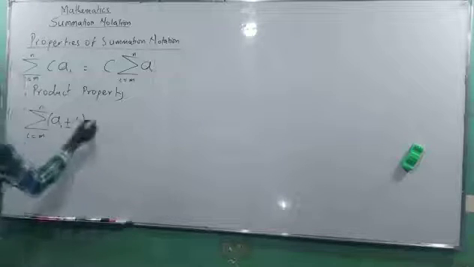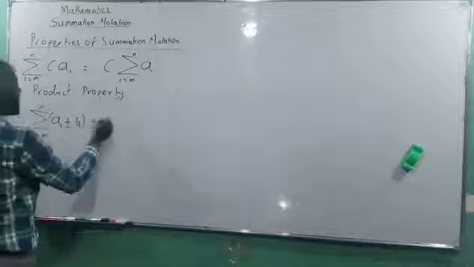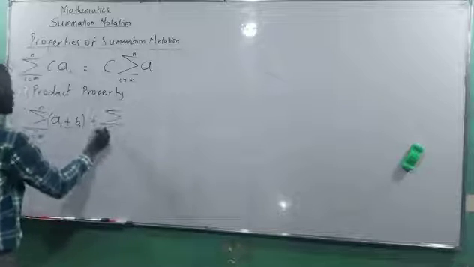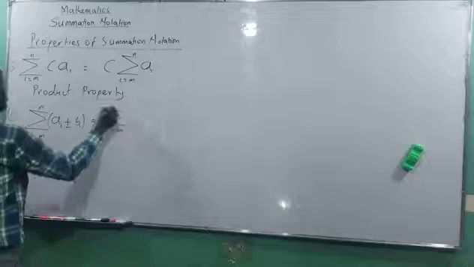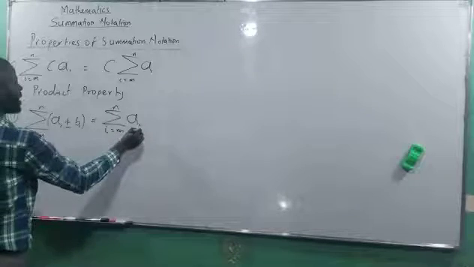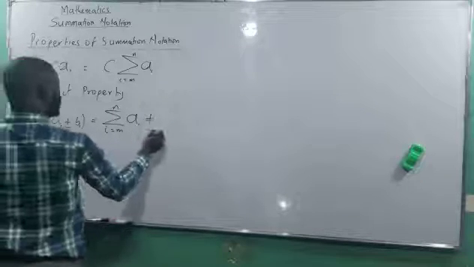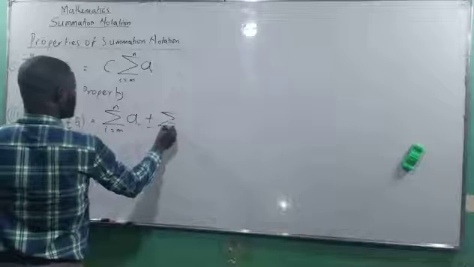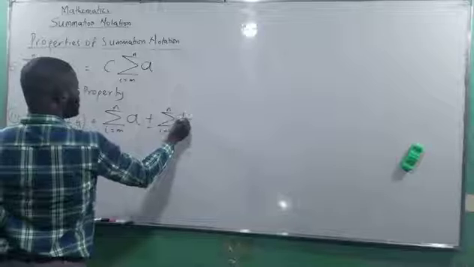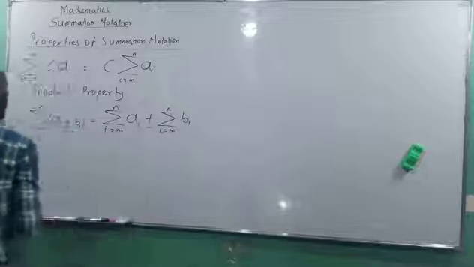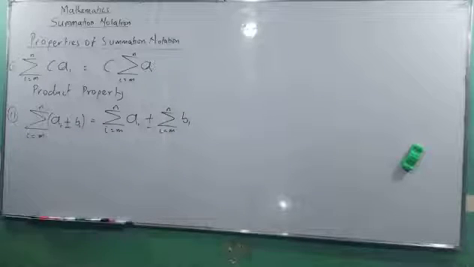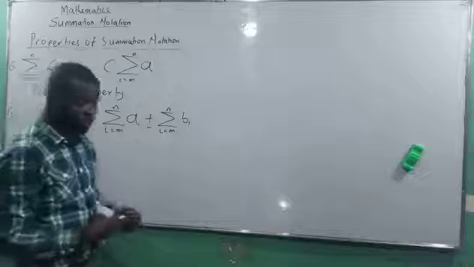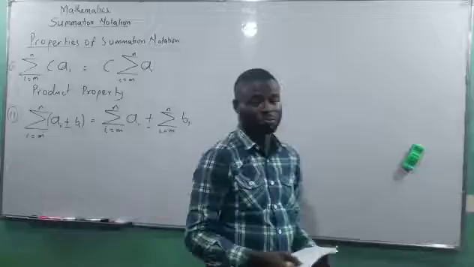It means this can be written as the summation from i to n of a of i, plus or minus the summation from i to n of b of i. That is what we are talking about. These properties are very, very important because we will be applying them to problems.